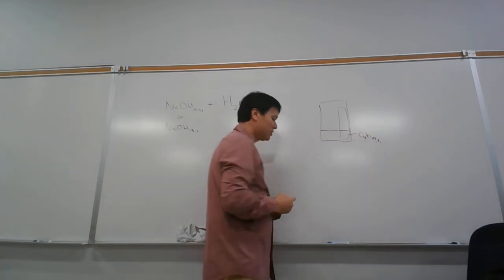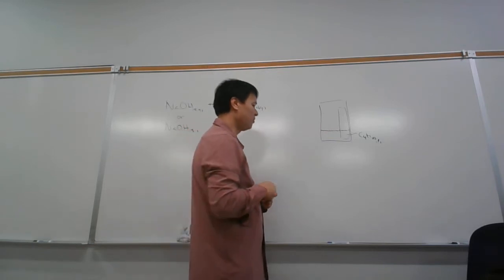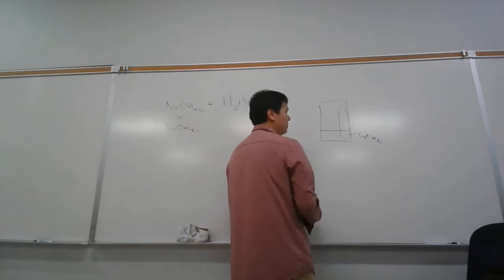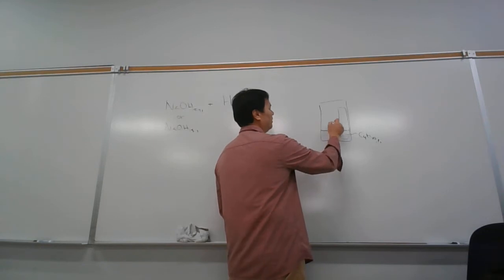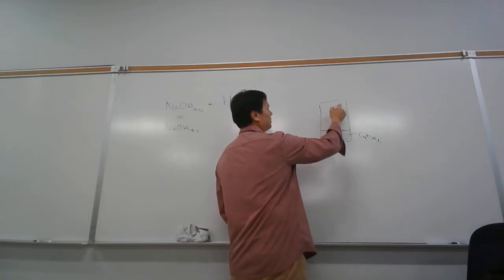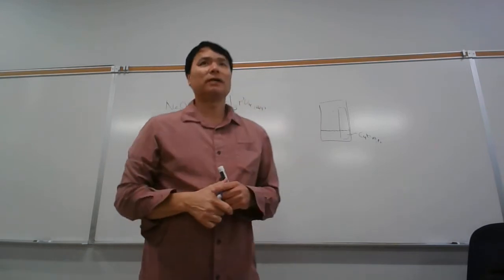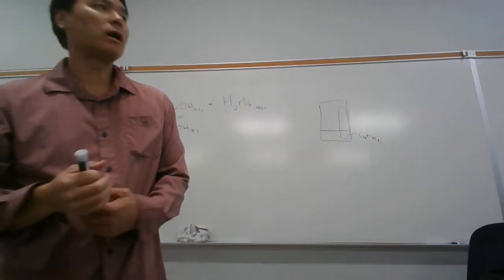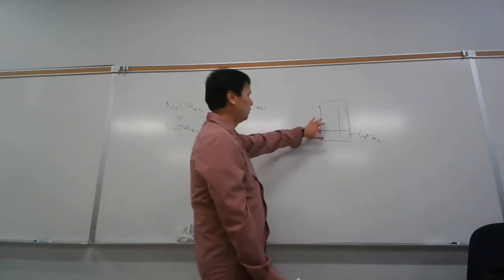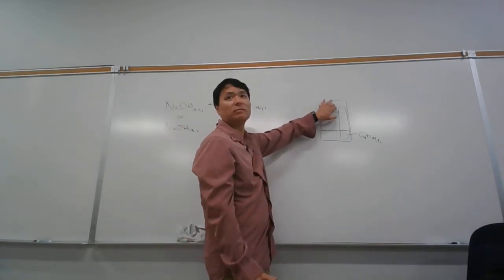But C4H10 is very volatile. And so what happens is a lot of it will vaporize off the surface. And so this is the same kind of situation where the butane gas is what's going to be igniting.